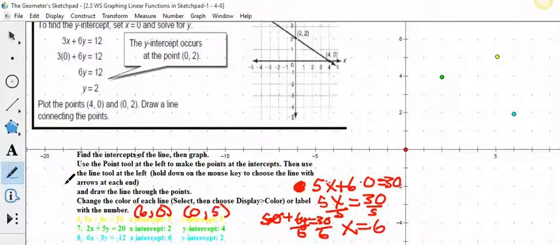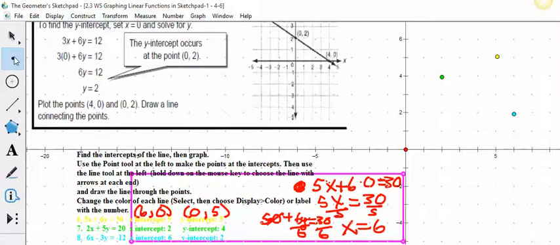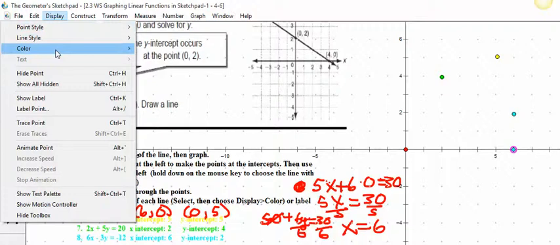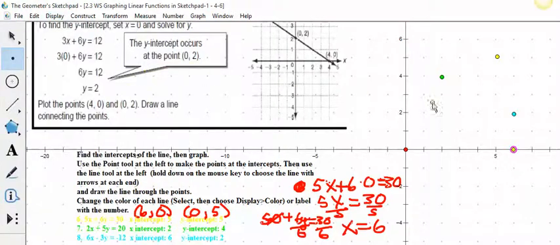So now using my points in Sketchpad, I need to put one at 6, 0, and you had turned that color, so I'll turn it back for you. And then the other point is not up here at 5, 5, but at 0, 5. 1, 2, 3, 4, 5.